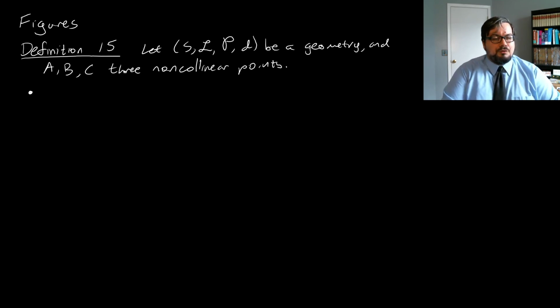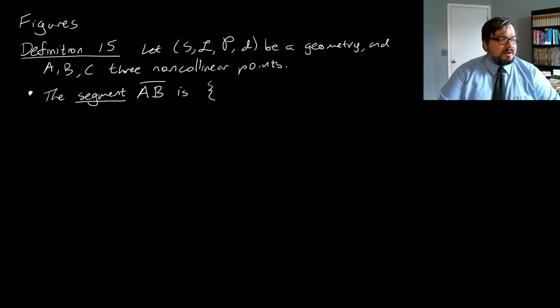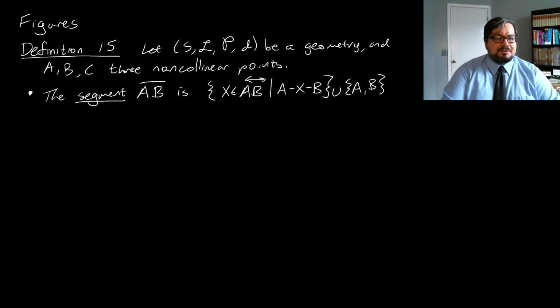So, first one, the segment AB with a bar over it is a set. It's a set of points, and it's the set of all points X in the line AB such that X is between A and B. And then it also includes the points A and B themselves.